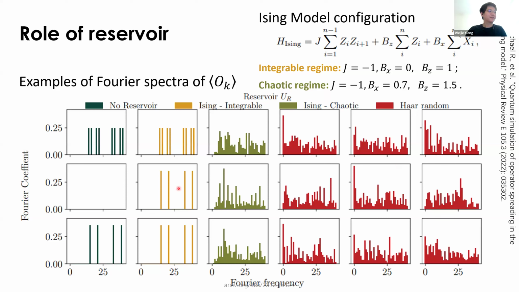So yeah, back to the spectrum. We see that for the reservoirs with poor dynamics, you will have fewer non-zero Fourier coefficients. But for the reservoir with rich dynamics, almost all the Fourier coefficients are non-zero.